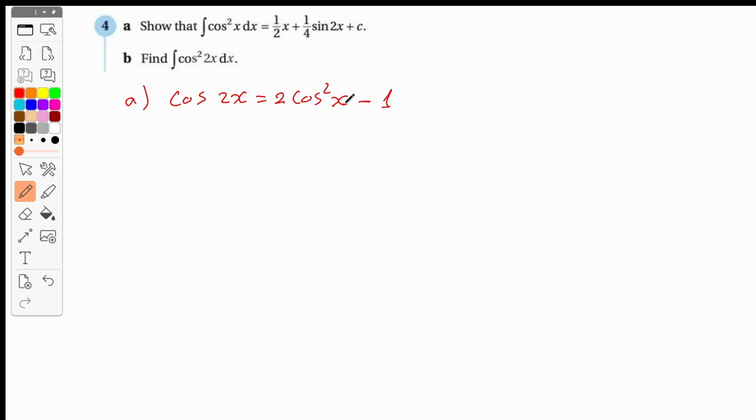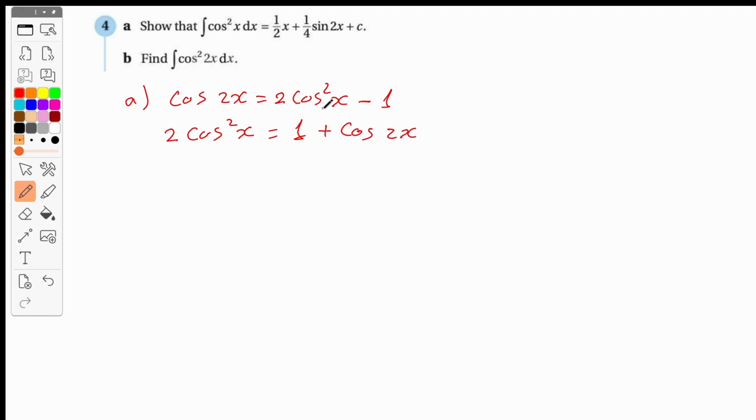If we take this to the left to make it the subject, we can rearrange this identity as 2 cosine squared x equals, if we shift the minus 1 to the other side, positive 1 plus cosine 2x. I'm just rearranging this identity.